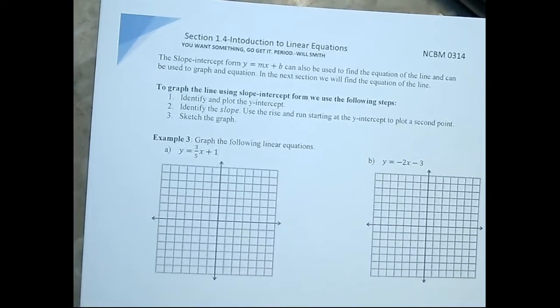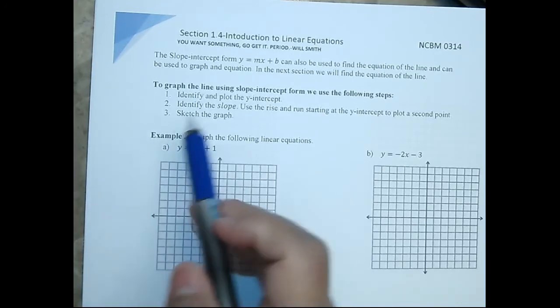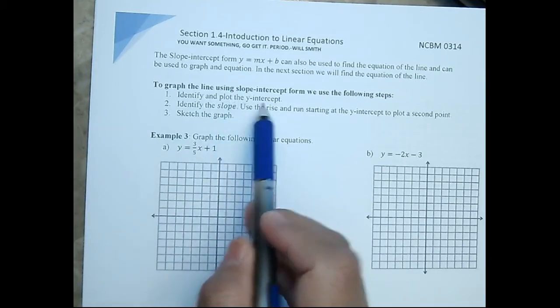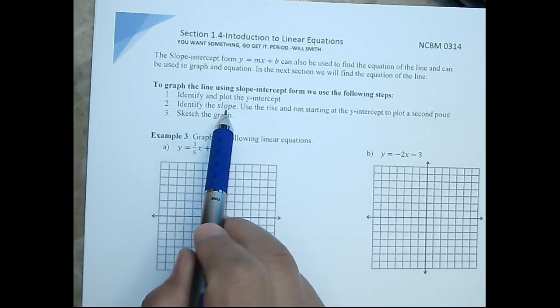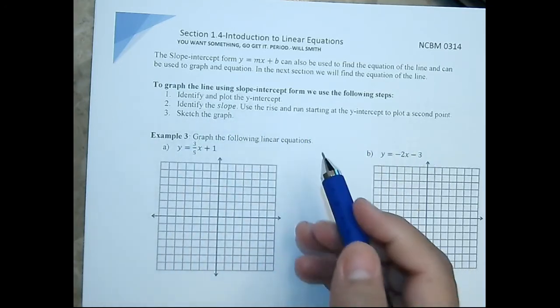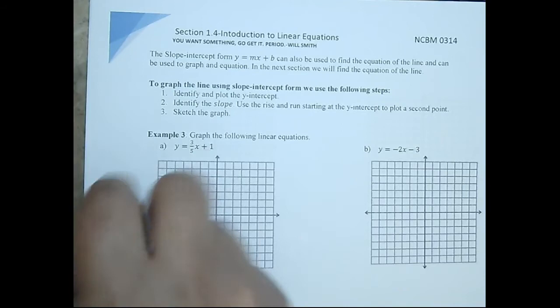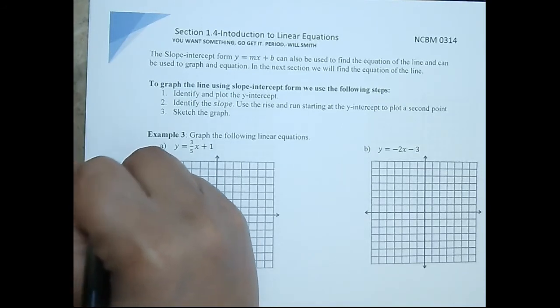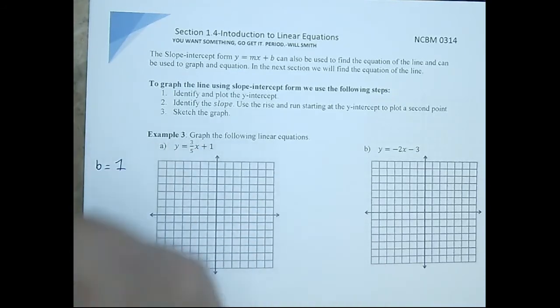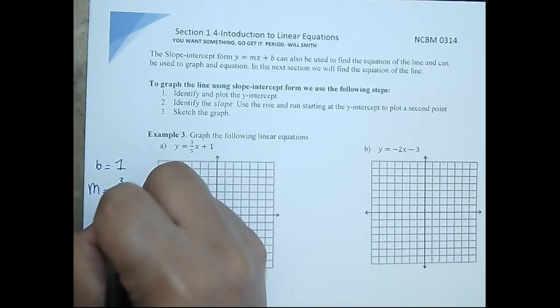So now we can use the idea of slope and y-intercept to graph a line. So the steps are identify and plot the y-intercept. And then we're going to use the slope, the rise over run, to plot a second point, then we graph. So for letter A, my y-intercept is 1 and my slope is 3/5.